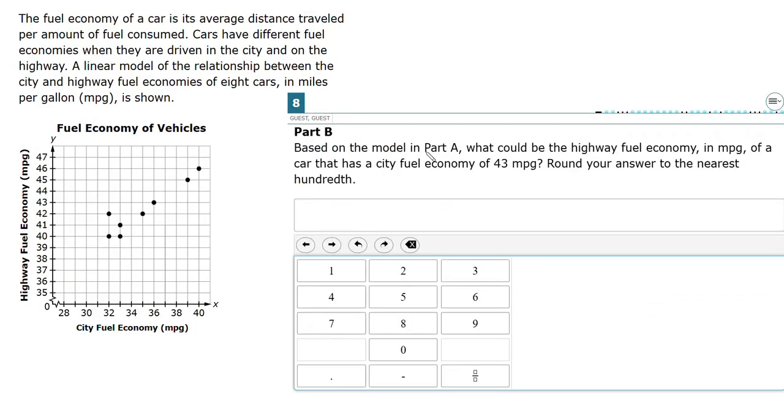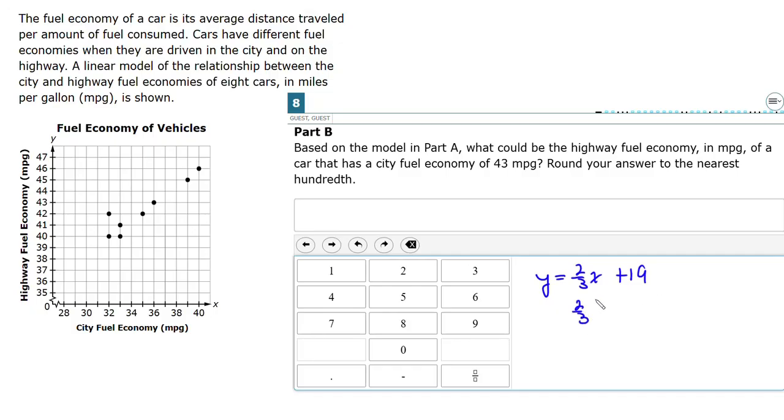Part B, based on the model in Part A, what could be the highway fuel economy in miles per gallon of a car that has a city fuel economy of 43 miles per gallon? Round your answer to the nearest hundredth. So we're going to use the same equation from Part A, which is y equals 2/3 x plus 19. And then we're going to plug in this 43.